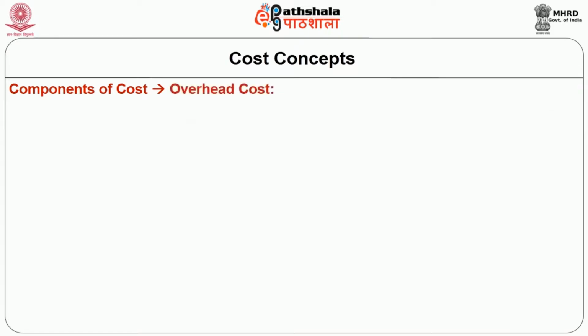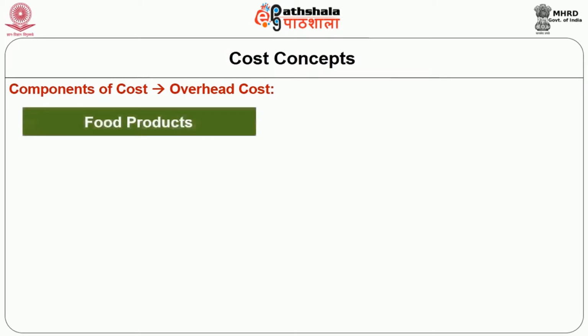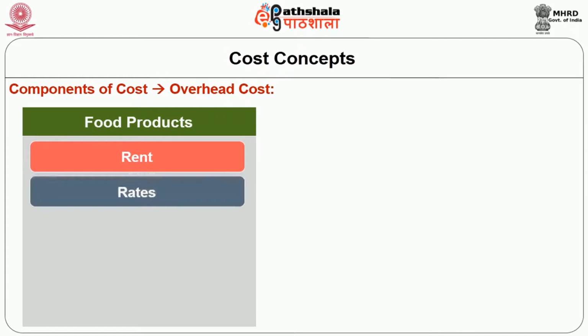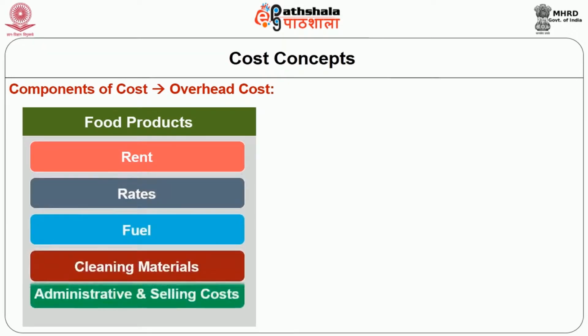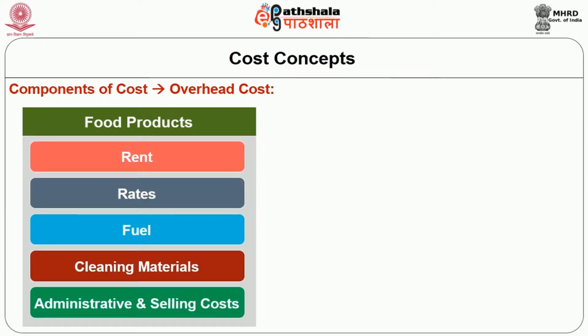The third one is overhead cost. This includes all such costs which cannot be directly identified with food products such as rent, rates, fuel, cleaning materials, administrative and selling cost.